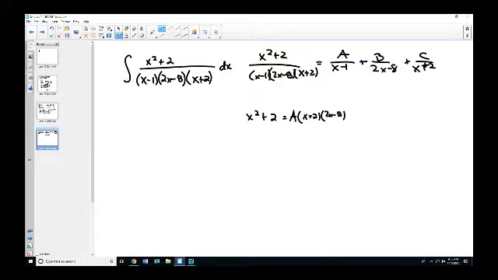You can put both of them in there. And B has to have x minus 1 and x plus 2. And C has to have x minus 1 and 2x minus 8, those two.